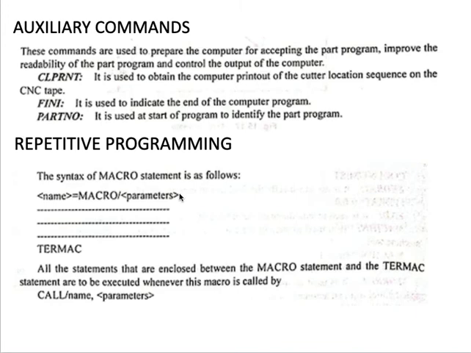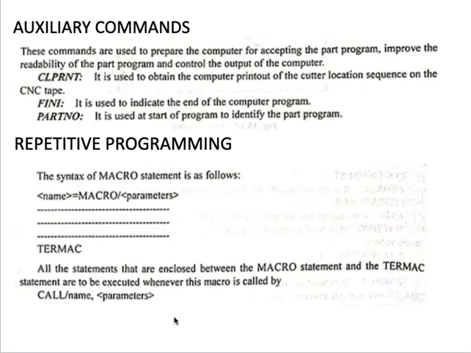The parameter definition following the slash would identify certain variables in the subroutine which might change each time the subroutine is called into use. In order to use the macro subroutine, the call statement must be used, like CALL/symbol, parameter specification.